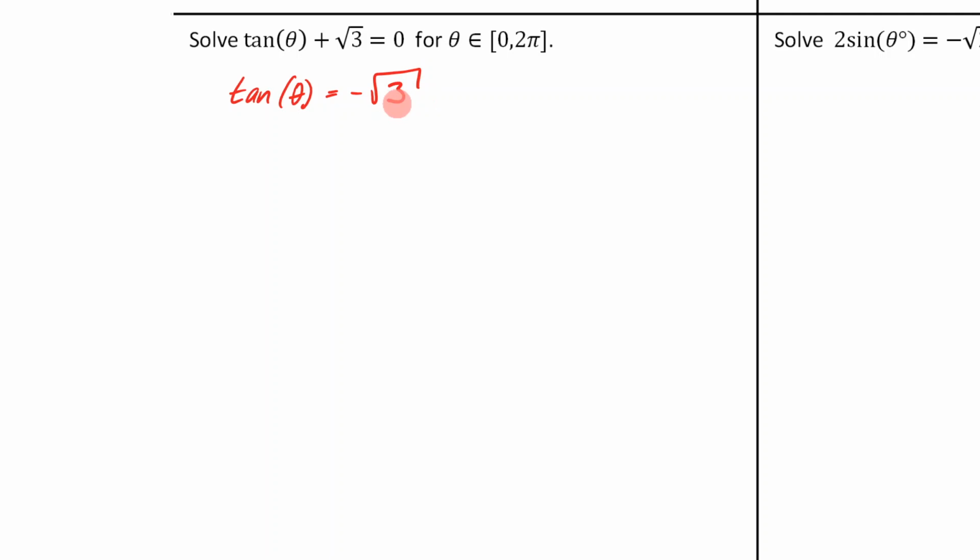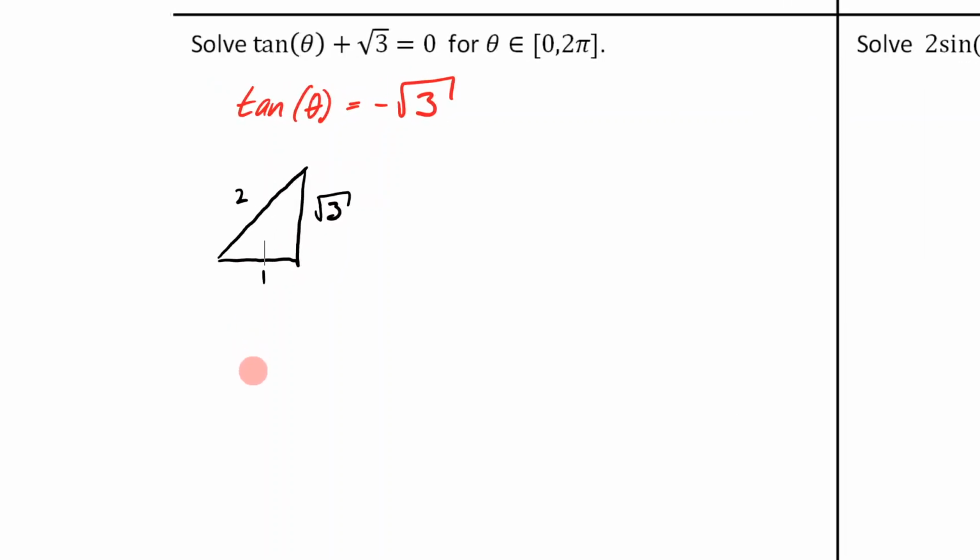Okay, once I've done that, now I'm going to figure out what my reference angle is going to be, and I'm going to use my special triangle to help me out here. Remember, there'll be some of us who, after a while, won't need to use our special triangle to figure these things out. You've just done it so many times, you'll just memorize it. Now, once I'm here, I need to figure out, all right, tan is opposite over adjacent, and I need to get the square root of 3 out.